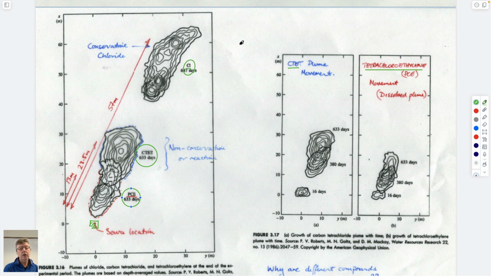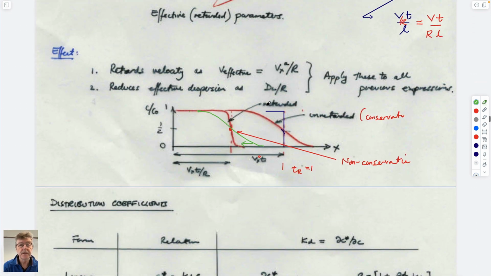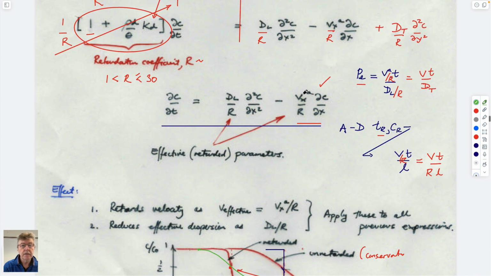I guess we could note that the velocity non-conservative is equal to the velocity conservative divided by R. Kind of, right? If you agree.